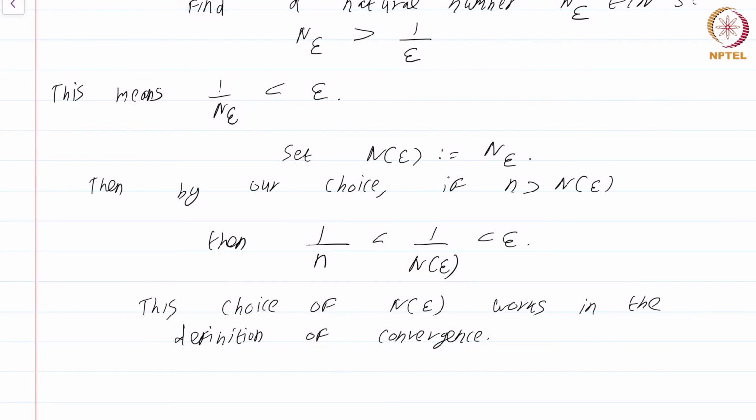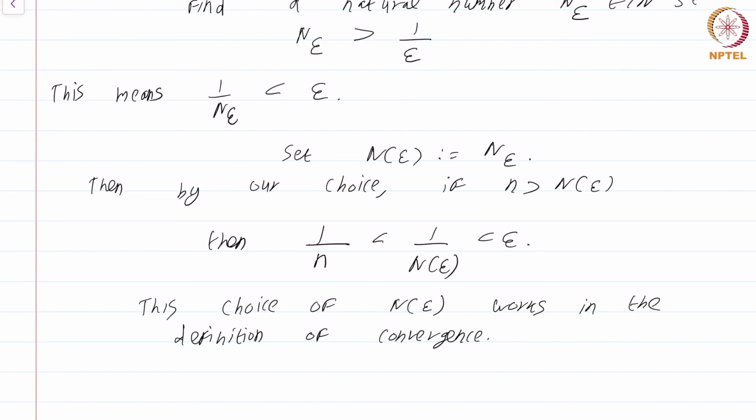Observe that the way this proof is written, you could have used either this definition using functions that I have given or the standard textbook definition. All I have done is found, for a fixed epsilon, this N epsilon, and then set N of epsilon to be just this N epsilon. Whichever way you prefer, you can phrase the proofs. It really doesn't matter.